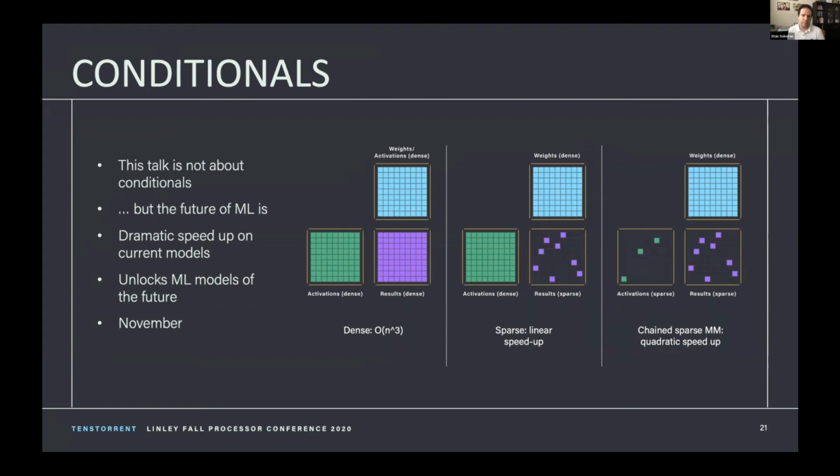And while there are some efforts from everybody out there to introduce sparsity into this picture, the linear gains that you're getting out of such a solution are really not making a dent in that kind of growth. And we feel that with conditional computing, you can create something with chain sparse matrix multiplies that gives you a quadratic speedup. And this is really turning this cubic growth into a linear growth and something that really opens up the abilities of hardware to run new models.